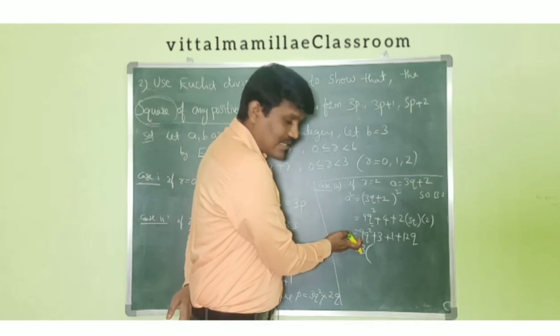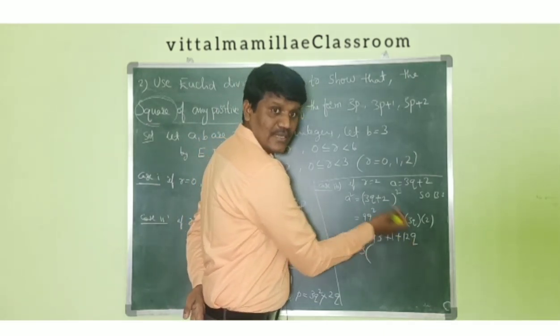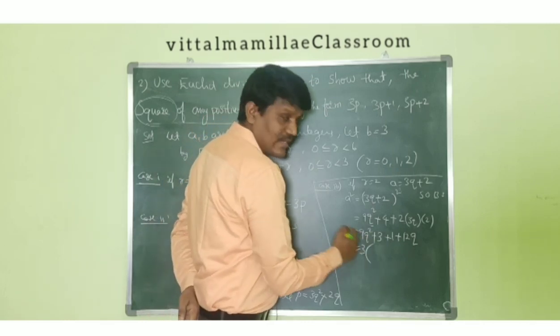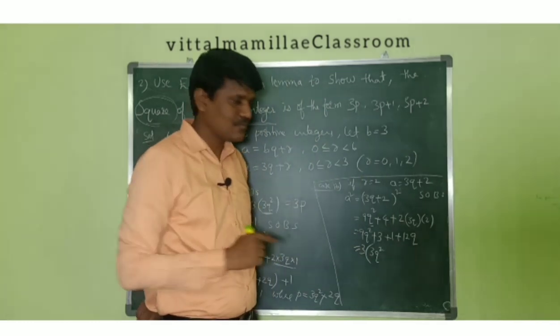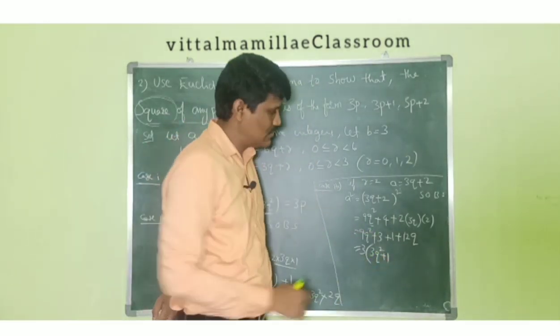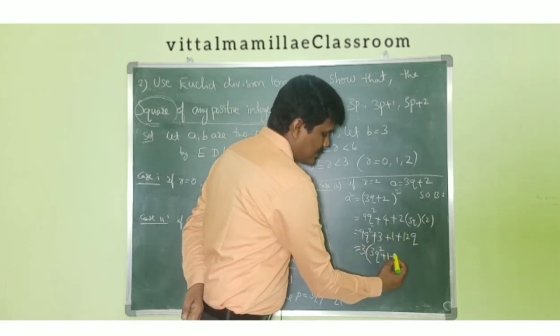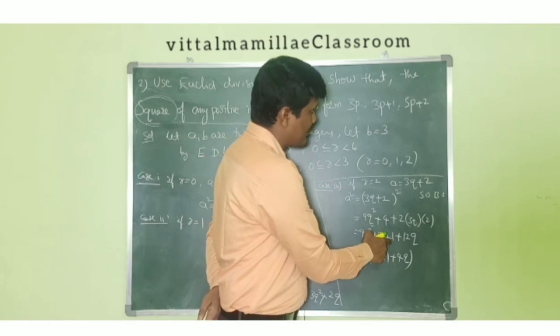From this 3 common, from this also 3 common, from this also 3 common. So from 9q square, if I take 3 common, I get 3q square. And if I take 3 common from here, 1 remains. And 12q, if I take 3 common, 4q remains. And this 1 is the remaining.